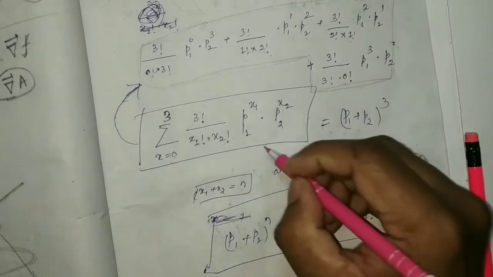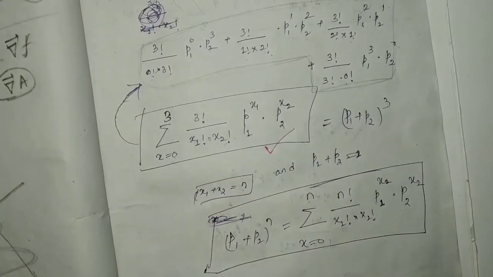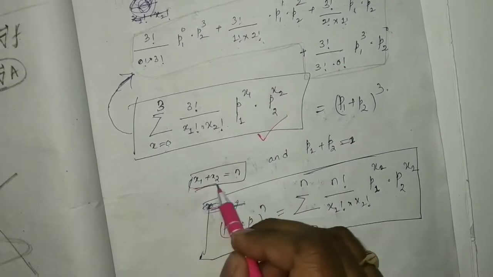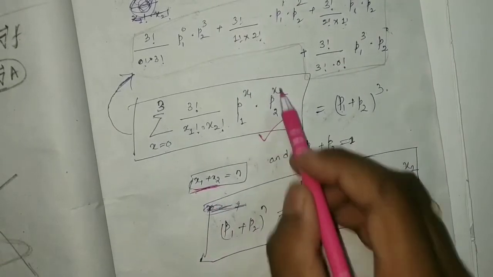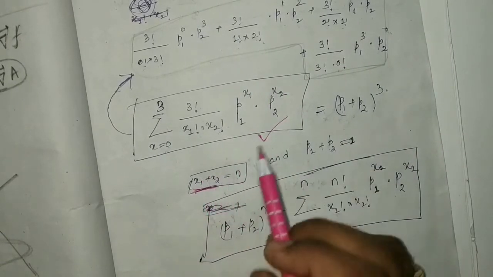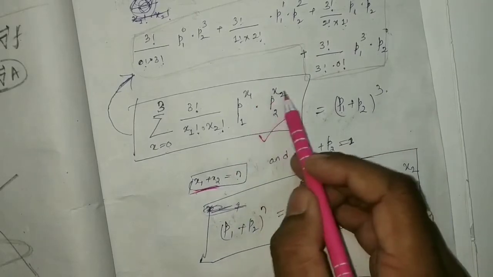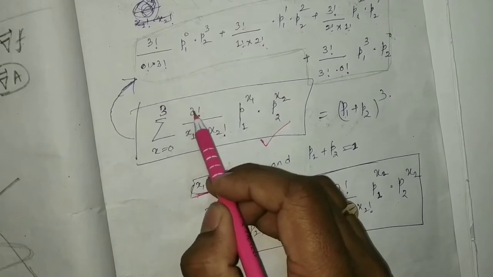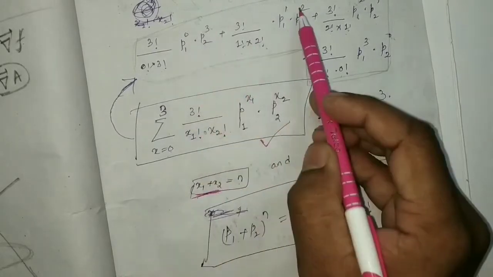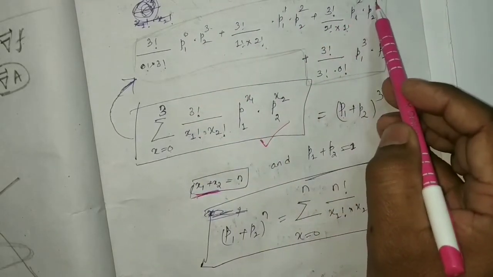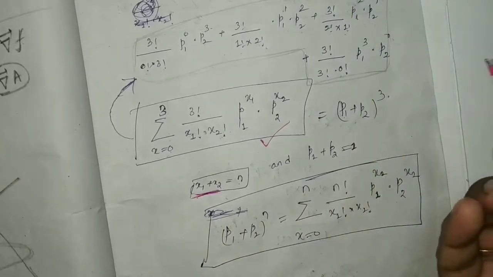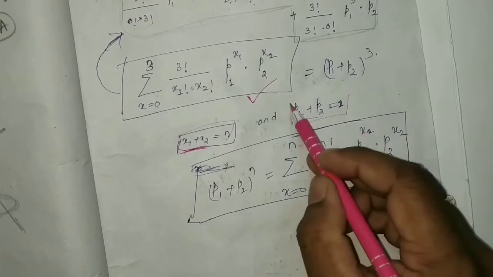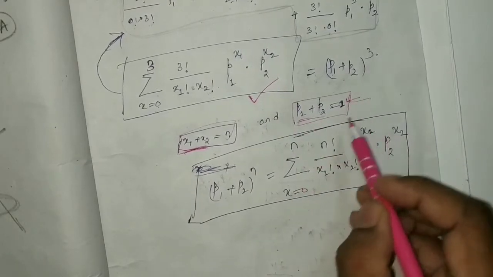This is nothing but (p1 plus p2) to the power 3. Whenever you add x1 plus x2 in each term, it will give you the total n, 3. So 3 plus 0 is 3, 2 plus 1 is 3, 1 plus 2 is also 3, 0 plus 3 is also 3, like that. And the probability p1 plus p2 will be 1.